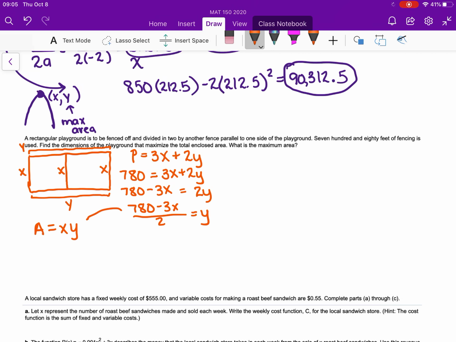Because then I can sub it in here for y, because x and y are the same for both equations. And now I only have one variable there. I will have 390x minus 1.5x squared.